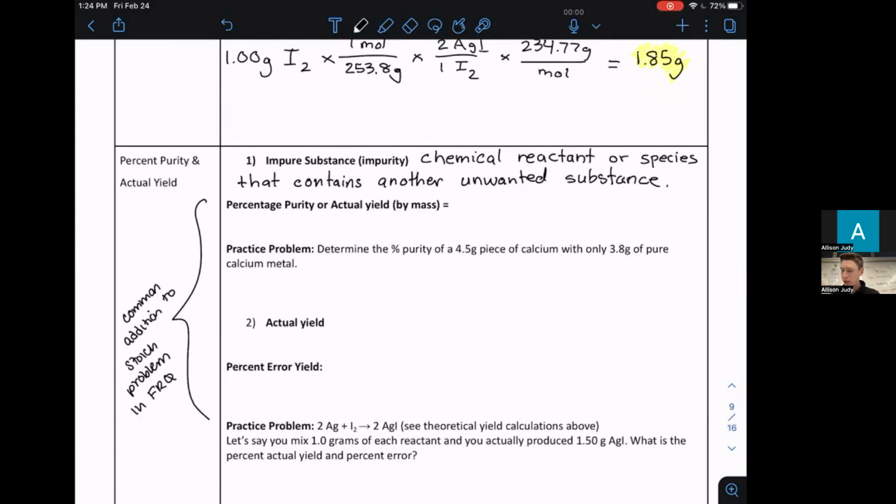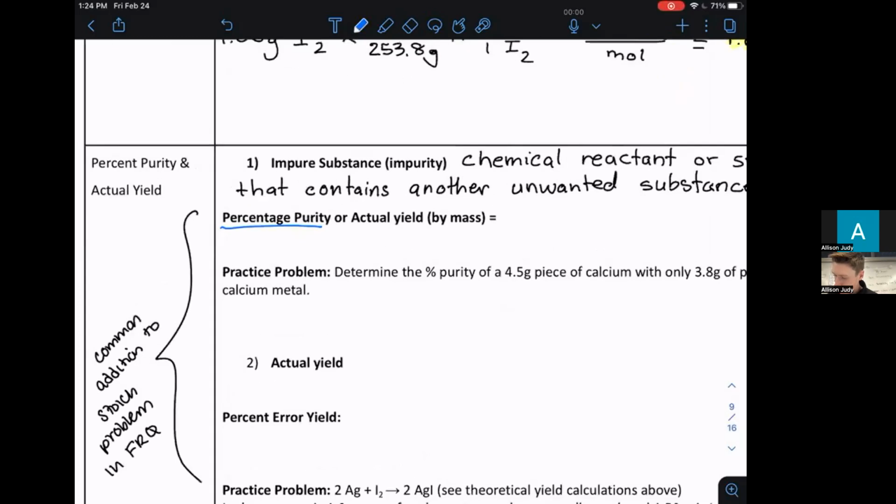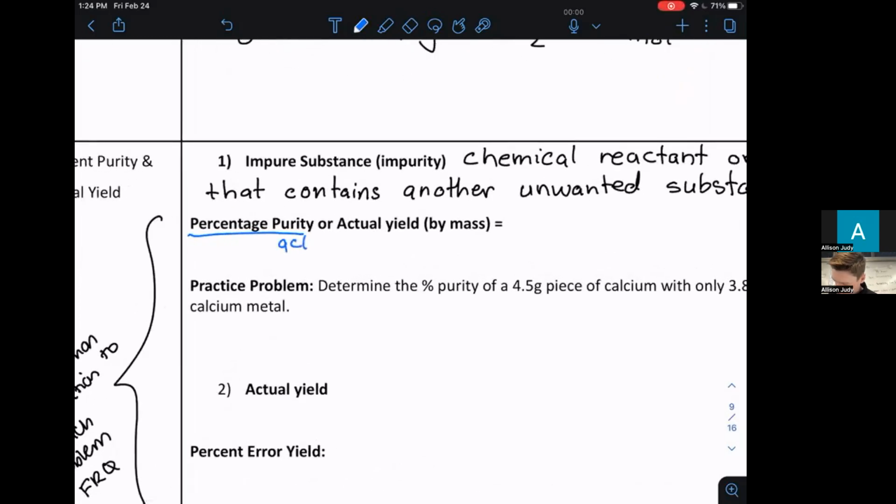So percentage purity, I'll do this in a different color. Percentage purity is going to be the actual mass divided by the theoretical mass times 100%.